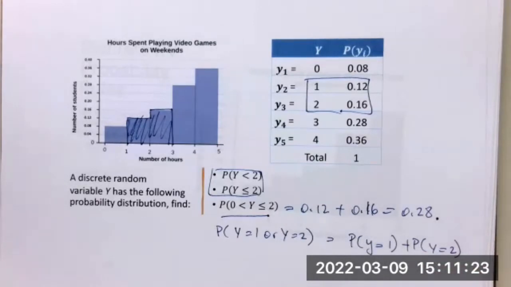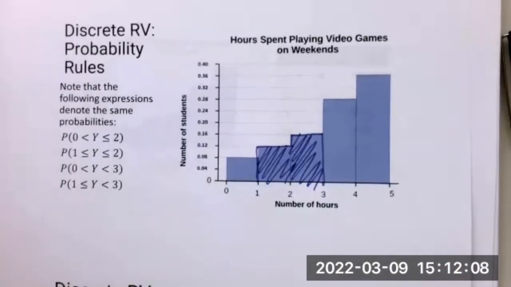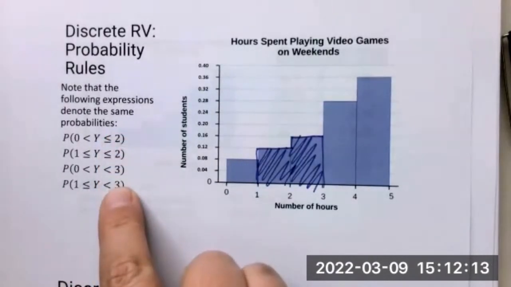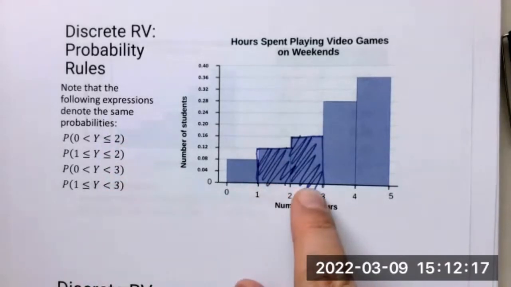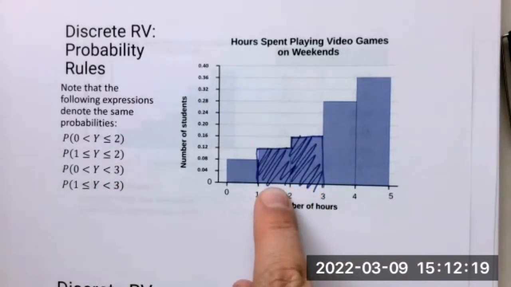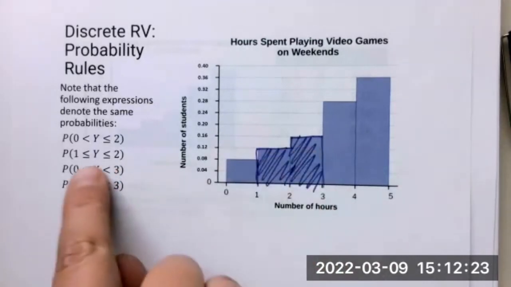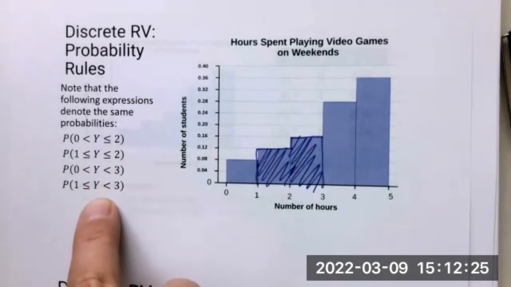So it's the addition rule, and that's what we apply here. As we mentioned earlier, all of these expressions are basically covering the same two probabilities, the probability of 1 and the probability of 2, so it could be written in any one of those 4 ways.